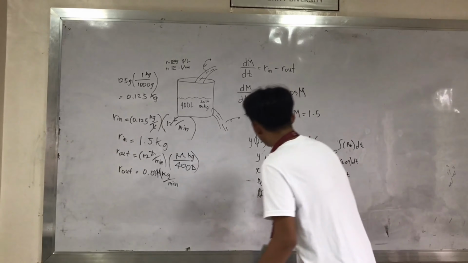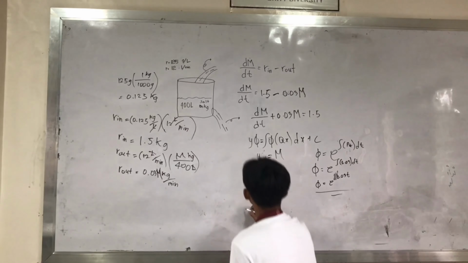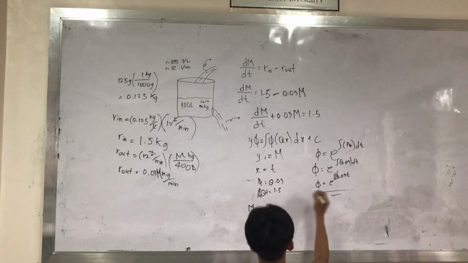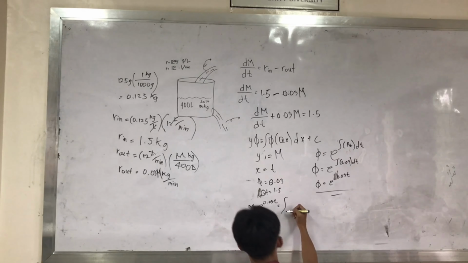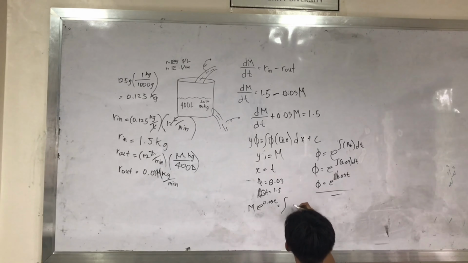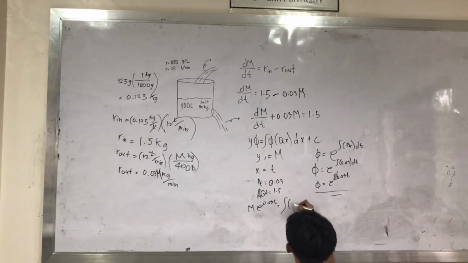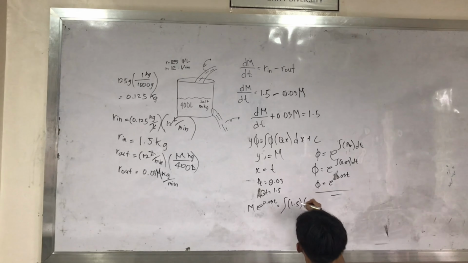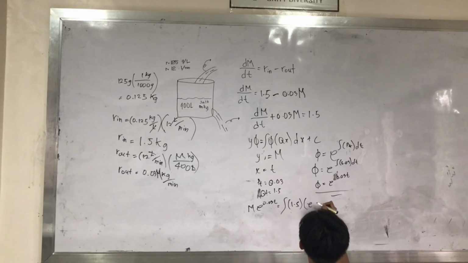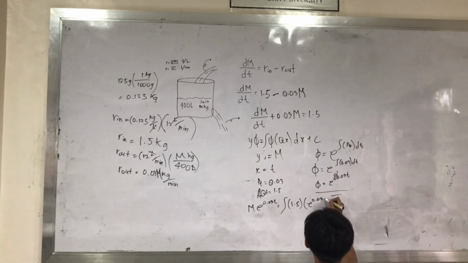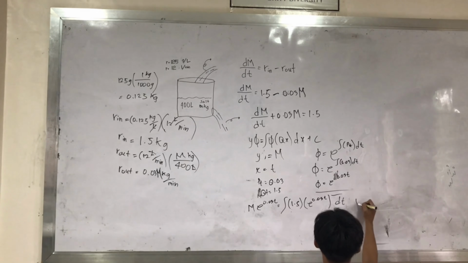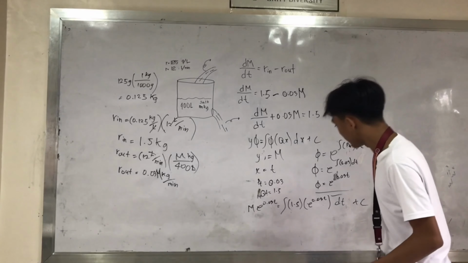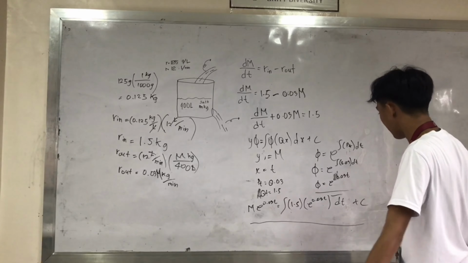We get the phi and substitute it in the formula: M times e raised to 0.03t is equal to the integral of Q, 1.5, times e raised to 0.03t dt plus C. So this is the basic formula to get the M.